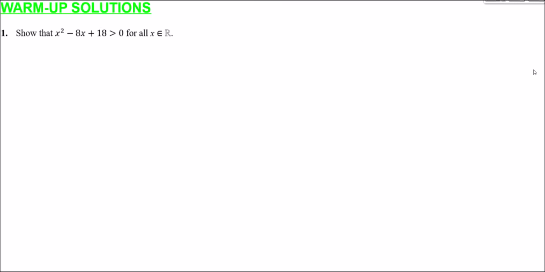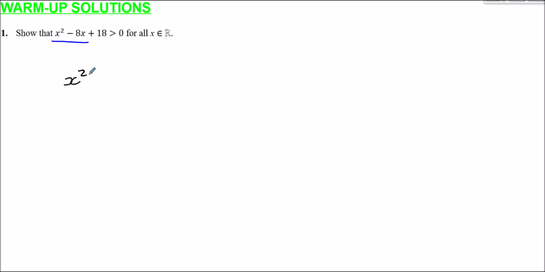Here, we need to show that x squared minus 8x plus 18 is greater than 0 for all x element of real numbers. So this is just saying for all real values of x. Now this is very little more than completing the square in a slightly differently worded way. So what I can do first of all is complete the square on these x terms.